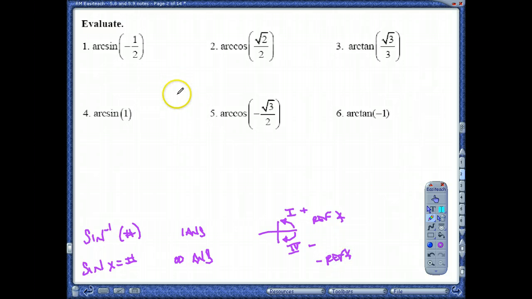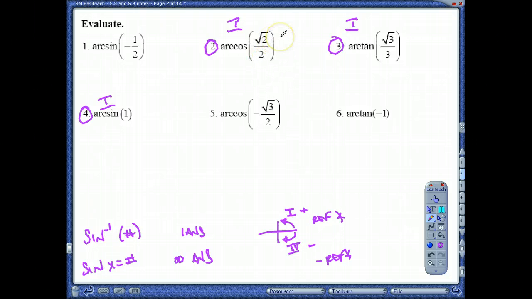Okay. So let's look at all of our positives first. So let's look at 4, 2, and 3 here. Now, when we're looking at this, all of our values are positive, so that means we're looking for answers in the first quadrant, because first quadrant's in all of our domains. So I'm actually asking myself, what angle will give me a cosine of square root of 2 over 2?